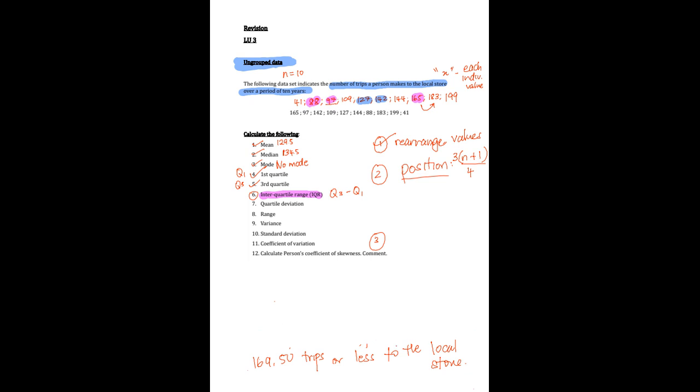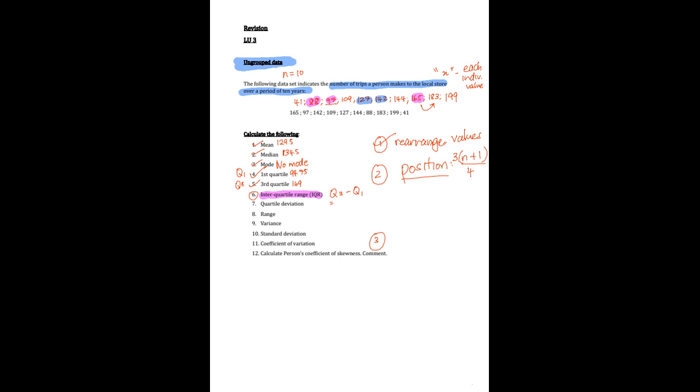Okay, so here you have your interquartile range, Q3 minus Q1. Now I'm just going to write down what Q3 and Q1 were. Q1 was 94.75 and Q3, which we just did, was 169.5. As I said, a lot of the time it's quite easy.